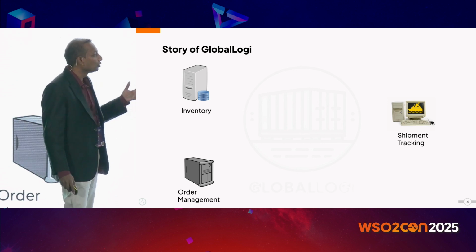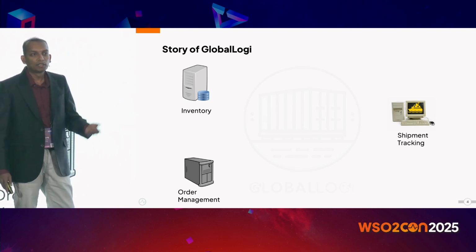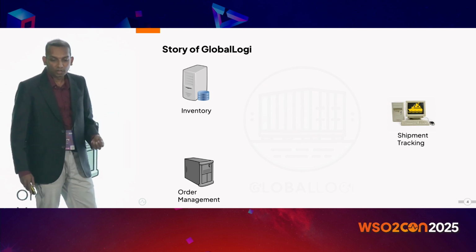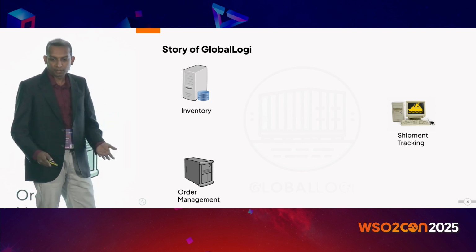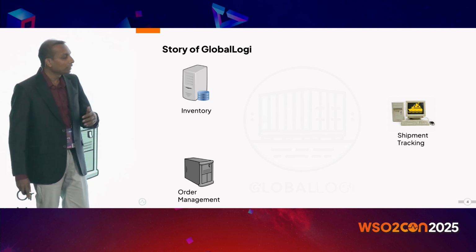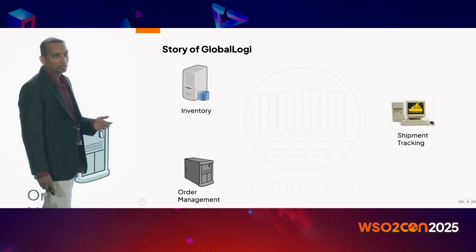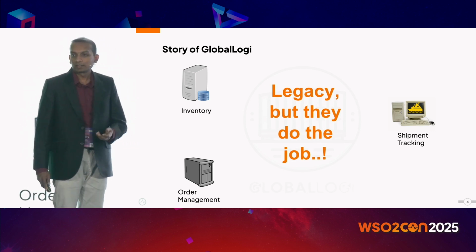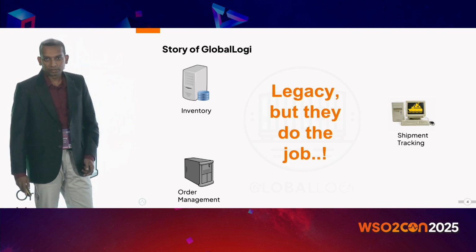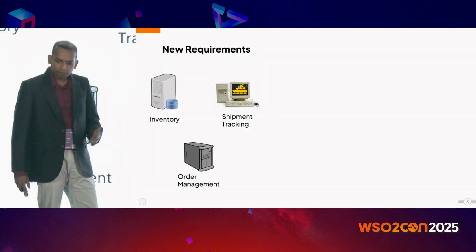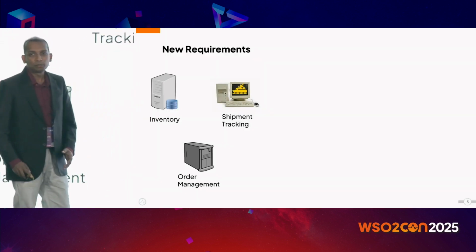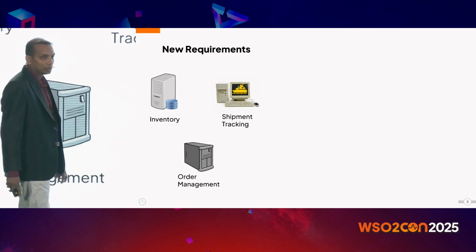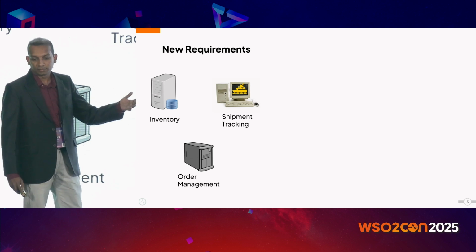But what if we want to bring some new capability, like introducing a mobile tracking system or bringing in some IoT related stuff? It's pretty complicated. Even though they have a whole lot of problems with these legacy systems, they really work. That's why they have existed for years without getting replaced. But to be competitive in the market, they decided to introduce some new functionality into this system.